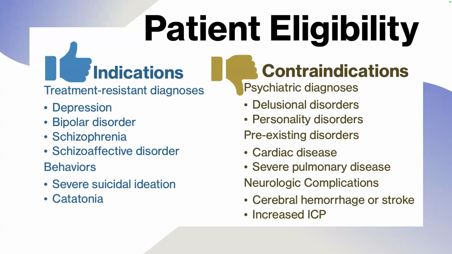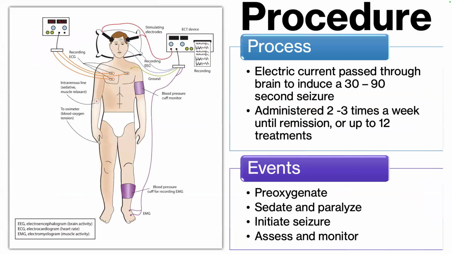We cannot do ECT on someone who has cardiac disease, or someone with severe pulmonary disease, or someone with a cerebral hemorrhage, stroke, or increased intracranial pressure, because again, we're inducing a seizure. So we want to minimize the risks.